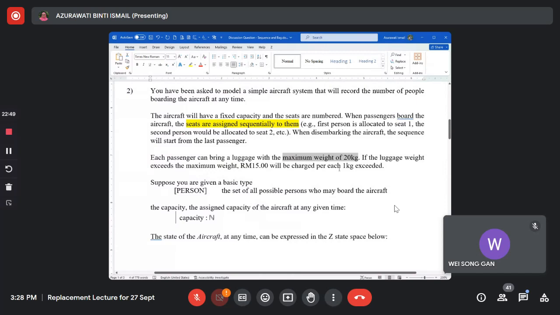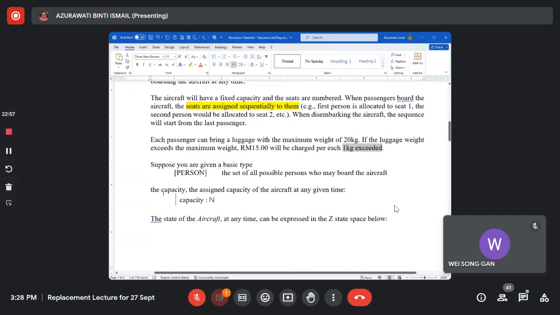If it exceeds 20, you have to pay 50 ringgit for each kg exceeded, for example. You are given a person, out of all possible persons who may board the aircraft, and the capacity just now shows that the aircraft has limited capacity.